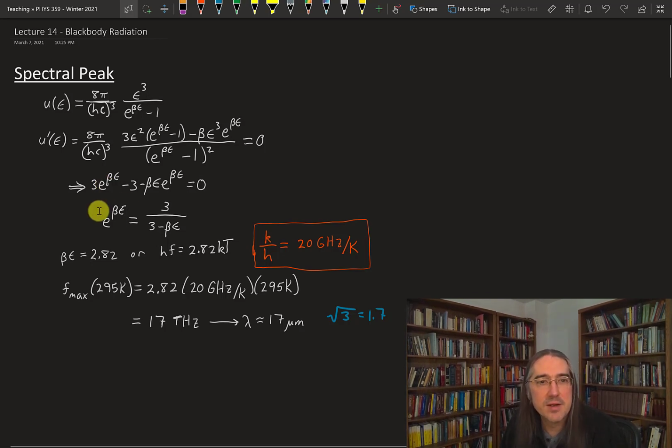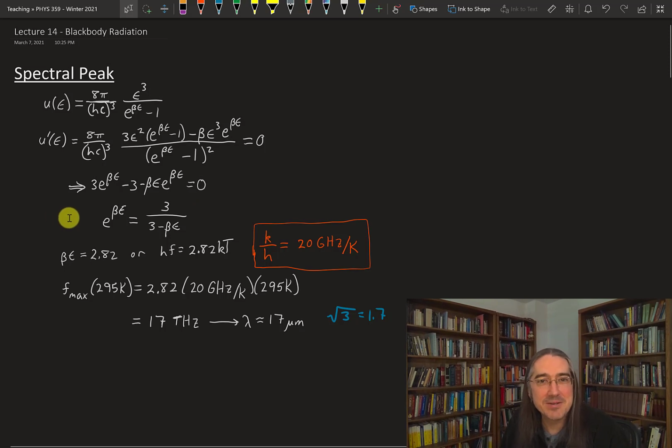We can ignore that. And now we've got this equation, which we can solve for e to the beta epsilon, but that's not something you can solve in closed form. So you do it numerically. Either you take a few minutes to write some Python code to do it, or you can be super lazy like I was, stick this into Wolfram Alpha, which will not tell you a solution other than 0, and then just type numbers until you get it.